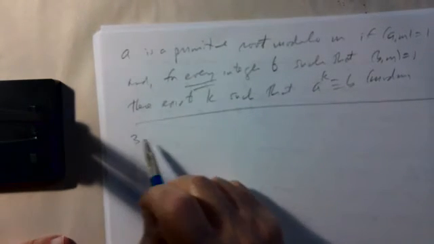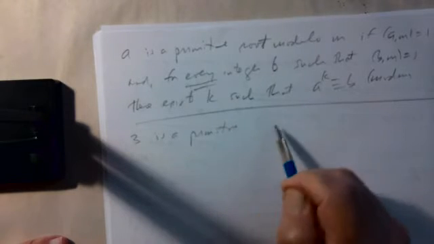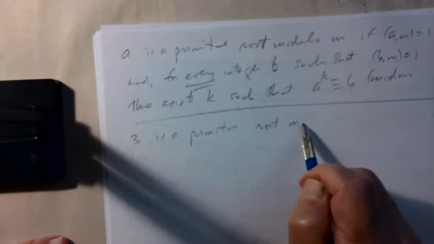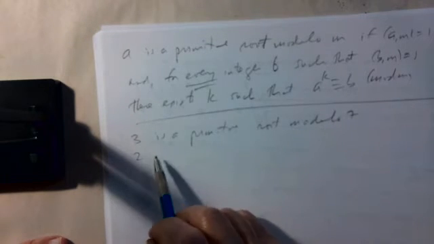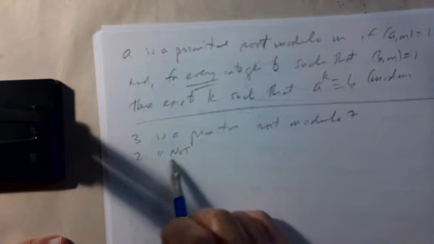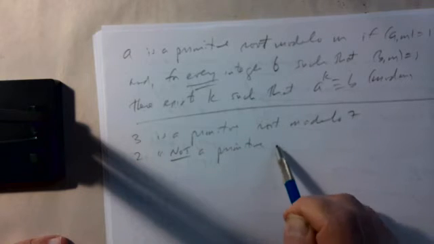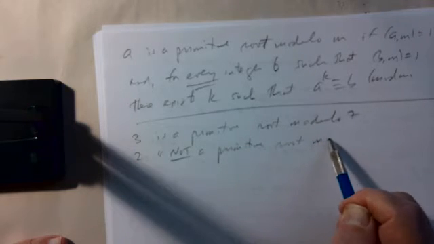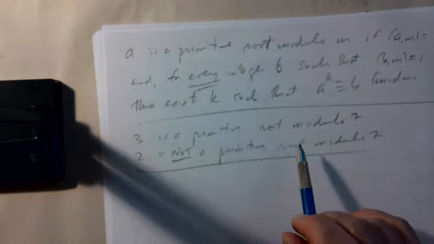So for example, 3, we just saw, is a primitive root modulo 7. 2 is not a primitive root modulo 7.